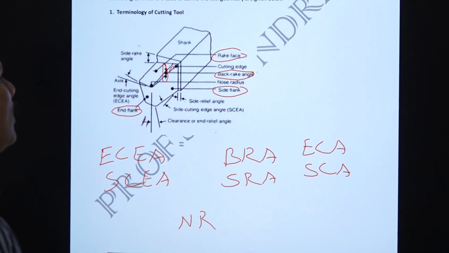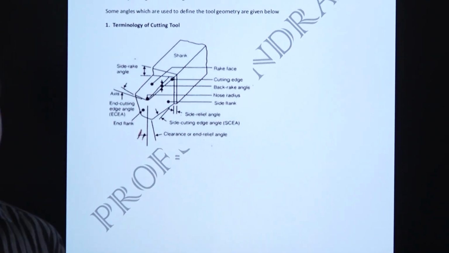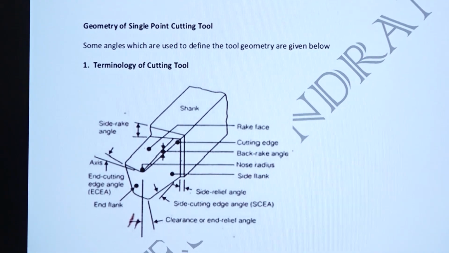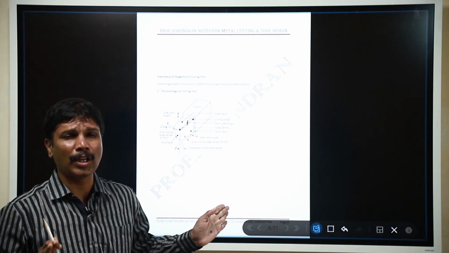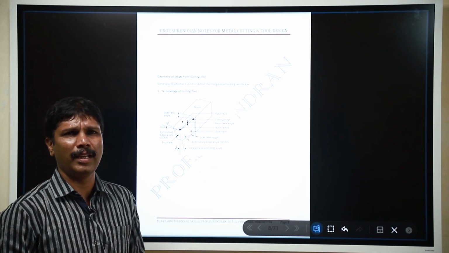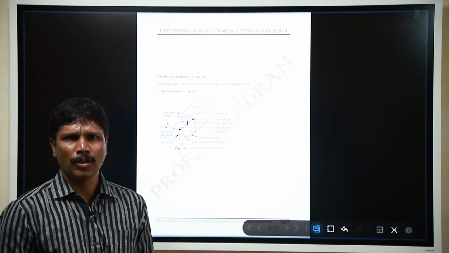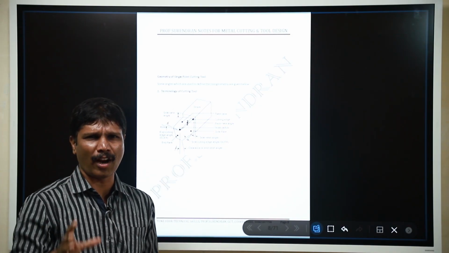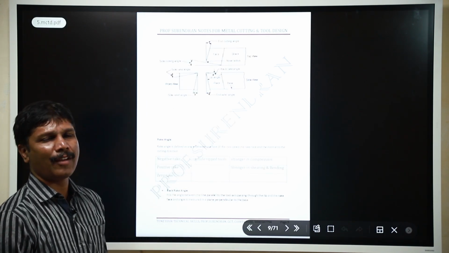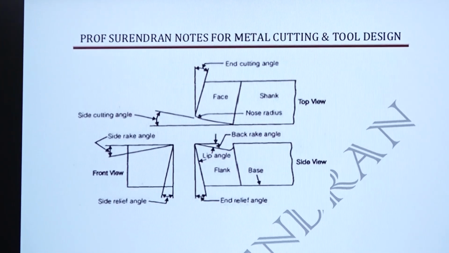You should observe the diagram clearly, draw it once or twice, practice it and remember everything. This is very important from the interview point of view. In all competitive exams this question may be repeatedly asked, so it is a question-prone zone. We have different views of the single point cutting tool.